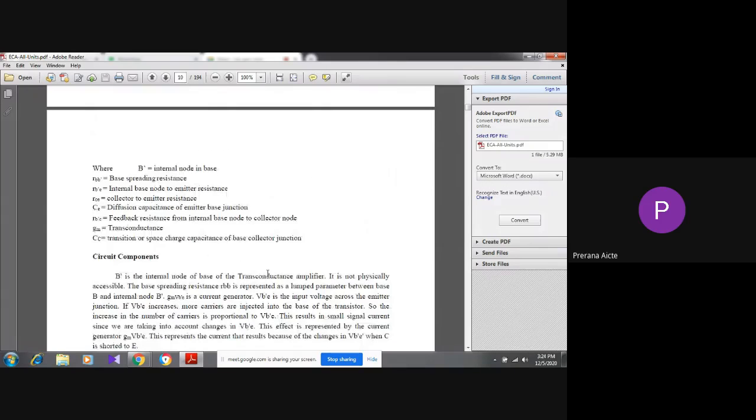So here the names: RBB' base spreading resistance, RB'E internal base node to emitter resistance, RCE collector to emitter resistance, the collector junction capacitance or interbase junction capacitance. Next, RB'C feedback resistance. gm means transconductance.